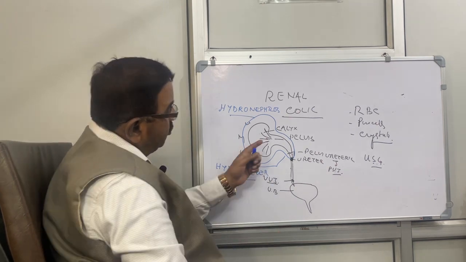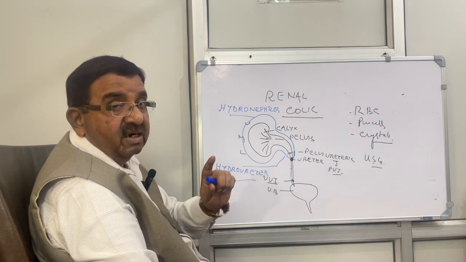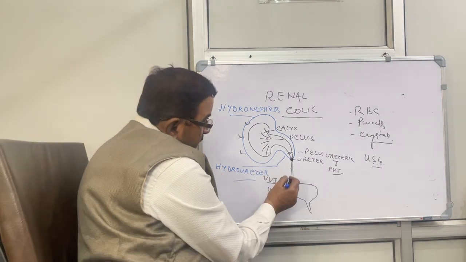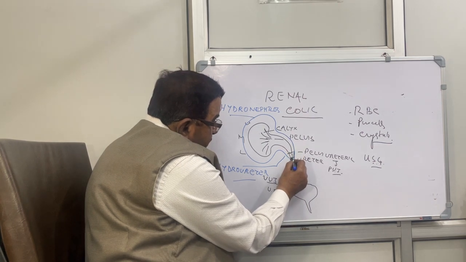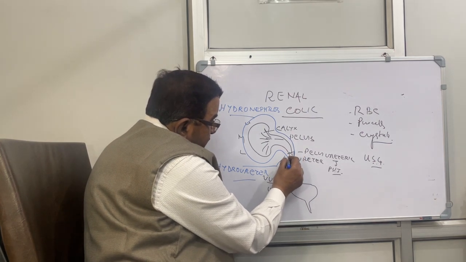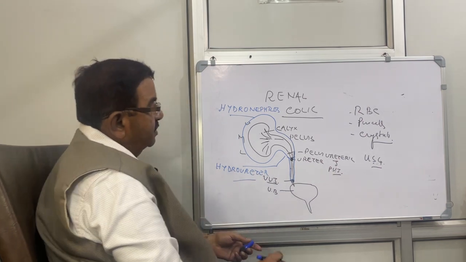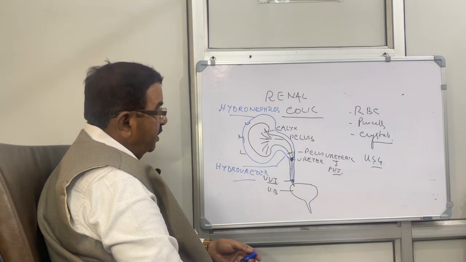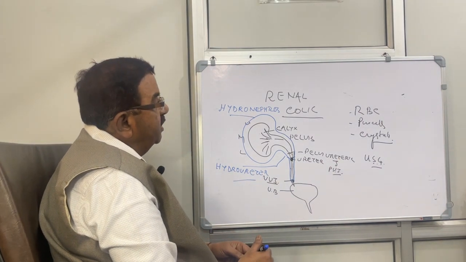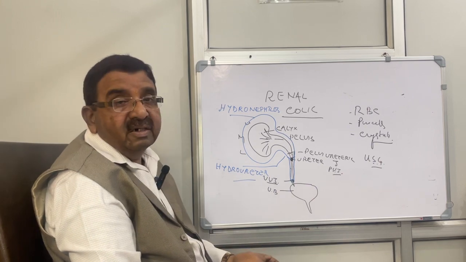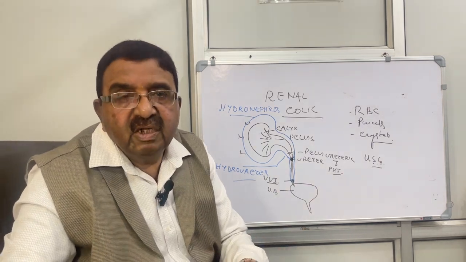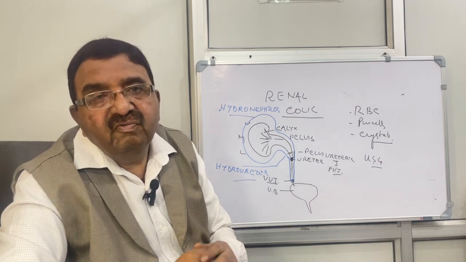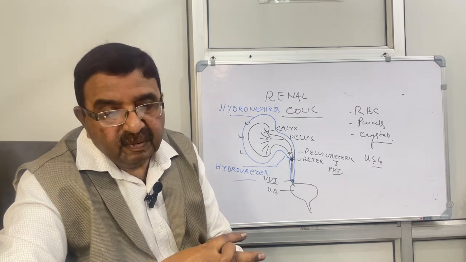Now this hydroureter will depend on the site of the obstruction. If the obstruction is here in the vesico-ureteric junction, then the ureter above this is also dilated, like this. So this will be seen on the ultrasound examination. This gives rise to the diagnosis of ureteric stone.